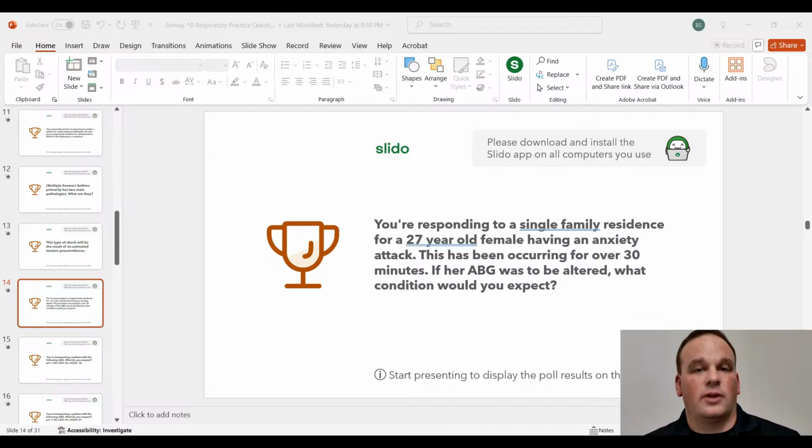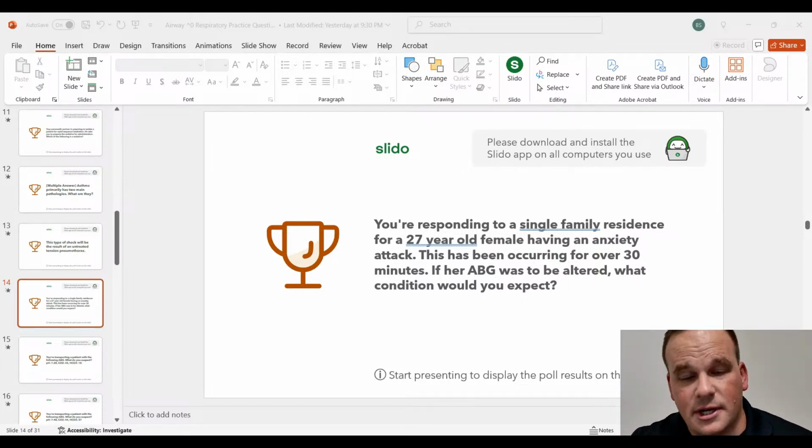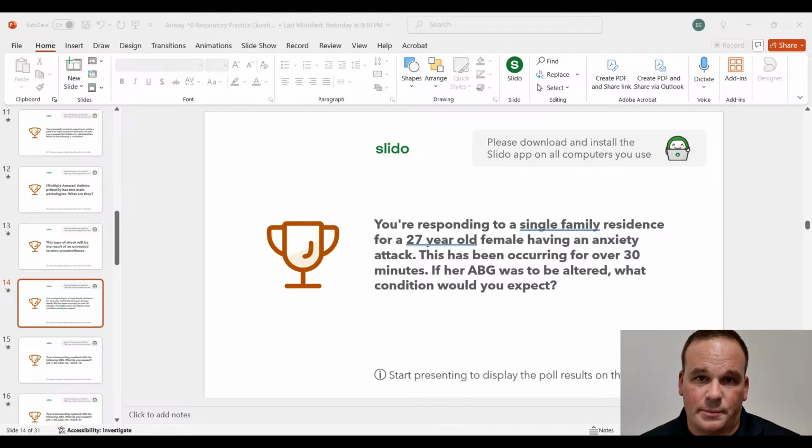So just with that alone, thinking anxiety attack, hyperventilation, this is probably going to be a respiratory type problem. Now let's think of the other side effects of that. If I'm hyperventilating, I am breathing in and exhaling too much. But what I'm also doing is I am not allowing enough time for carbon dioxide to build up in my body.